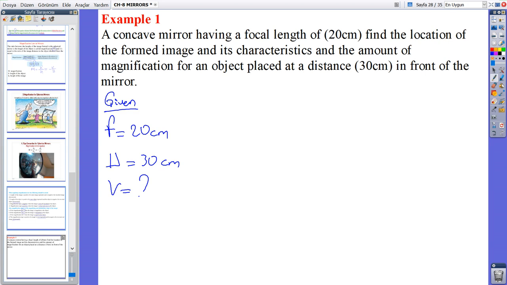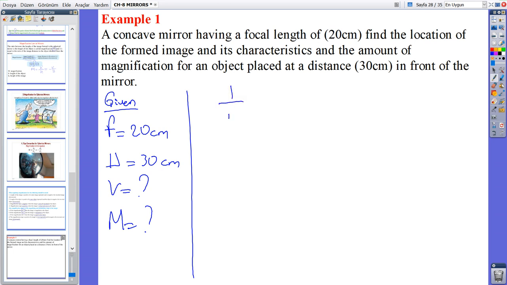Secondly, it wants the magnification. Firstly, I will use the two equations. First, we will find the distance of the image.